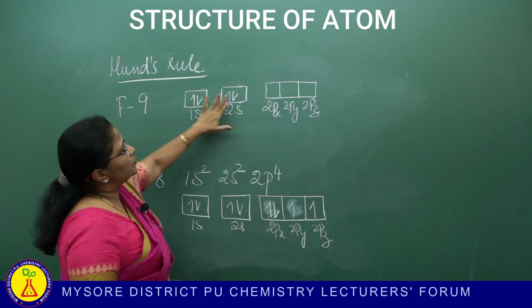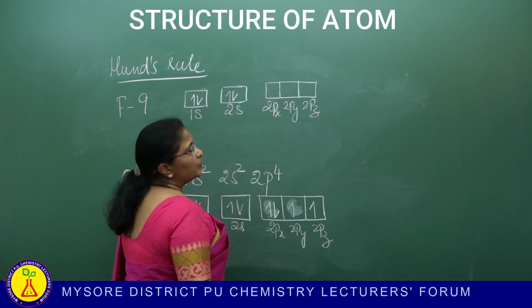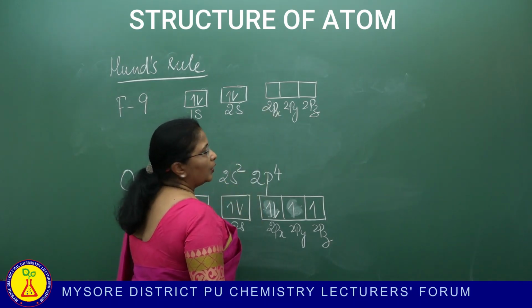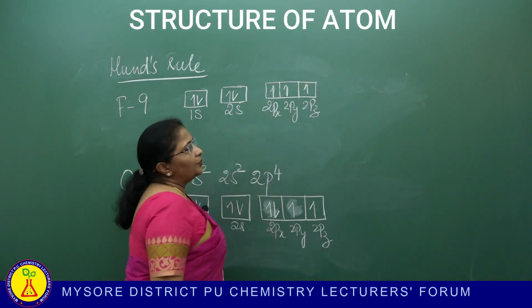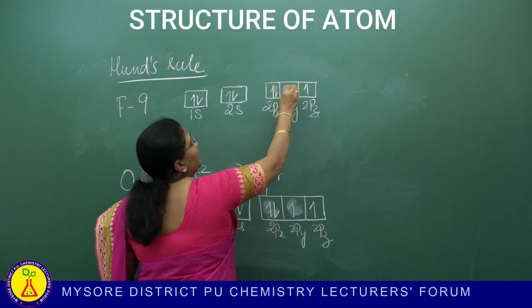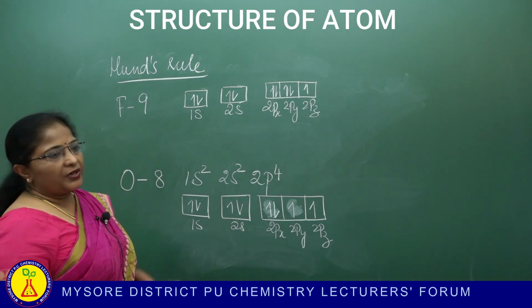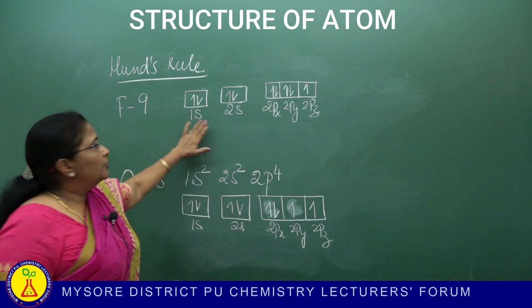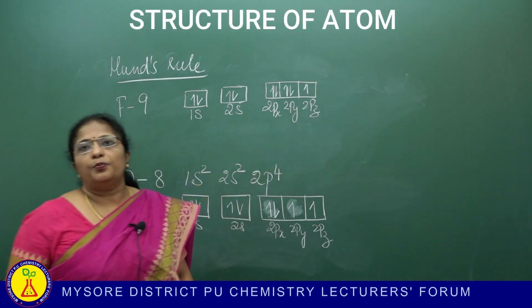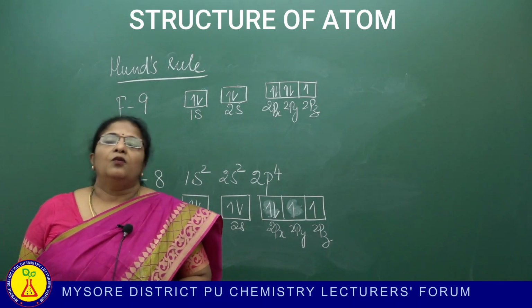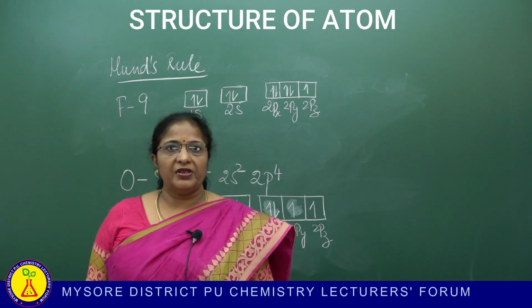So 2 plus 2 is 4, and we are left with 5 electrons. How are these 5 electrons going to occupy the 2p orbitals? Each of the orbitals will first get an electron, 1 each, and then pairing takes place. So the electronic configuration is 1s2, 2s2, 2px2, 2py2, and 2pz1. This is what is called Hund's rule of maximum multiplicity.